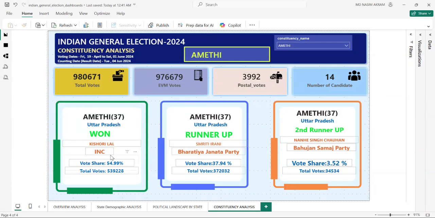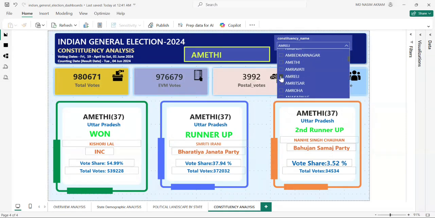Kishori Lal, who is from the Indian National Congress, has won from that constituency and has got around 54 to 55% of the votes. The runner up was Smriti Irani from Bharatiya Janata Party, who got 37% of the votes. The second runner up was from Bahujan Samaj Party, and the total number of candidates contesting in that constituency was 14.